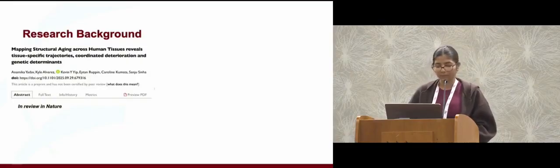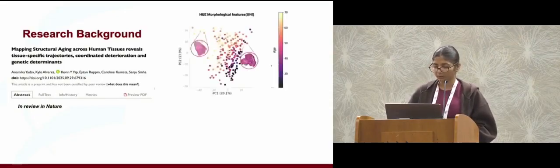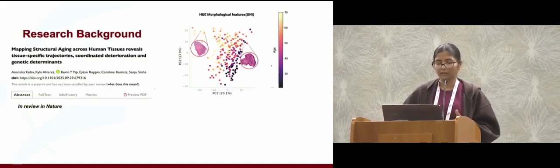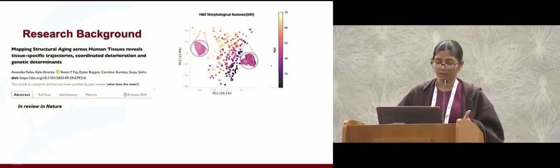A little bit about my research background. My research lies at the intersection of aging biology, computational pathology, and AI. In our latest paper, we showed that morphological features extracted from histology slides can naturally segregate young versus old tissues in a lower dimension with no prior training.